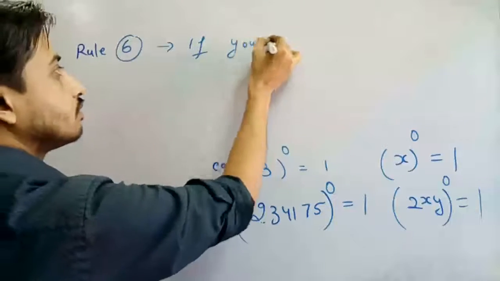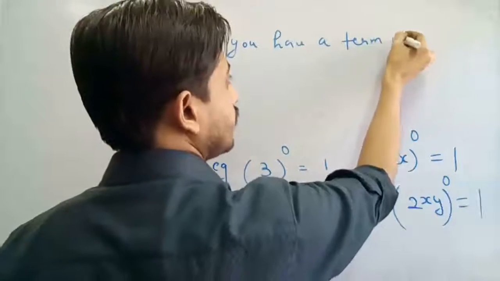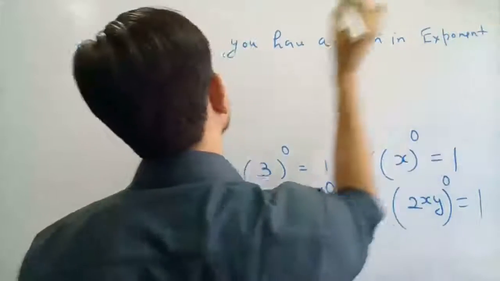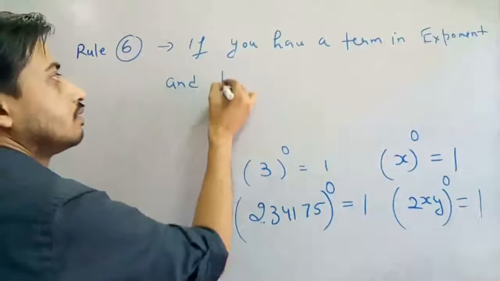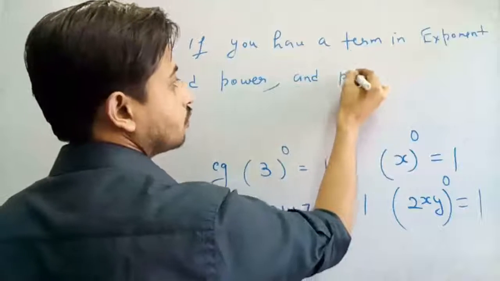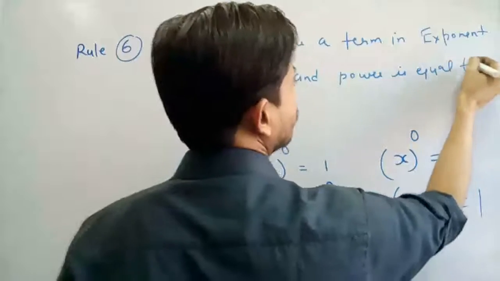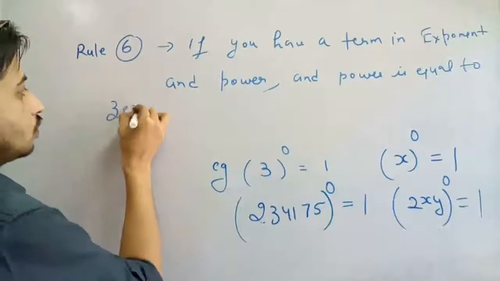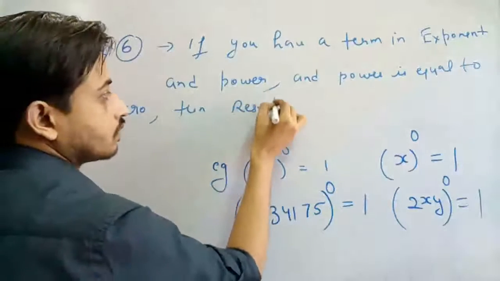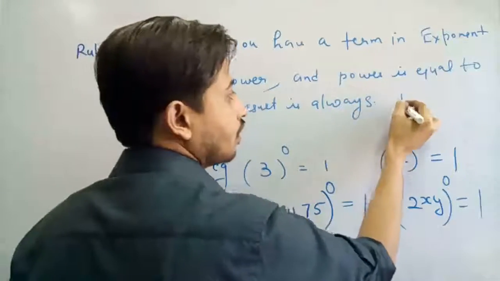If you have a term in exponent and power, and the power is equal to 0, then what is the result? The result is always 1.